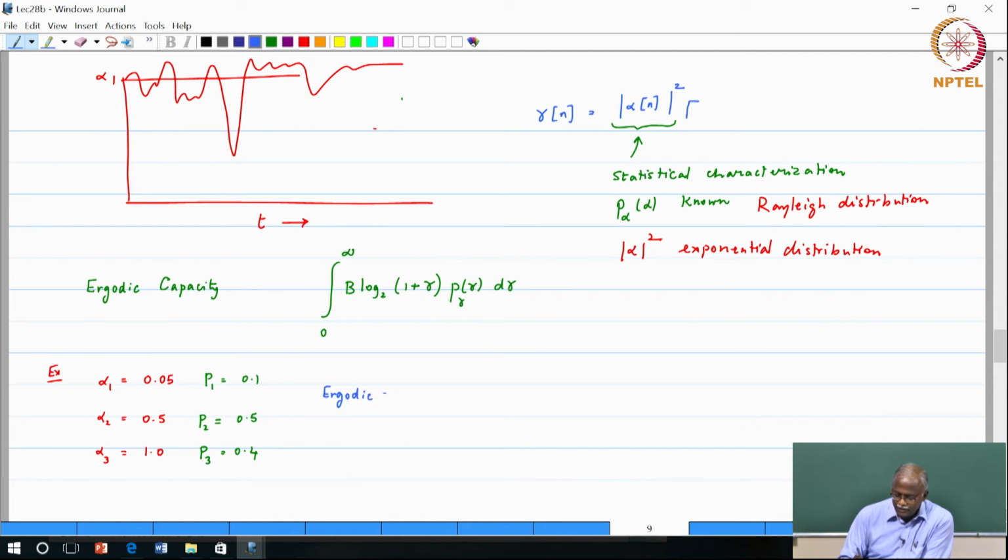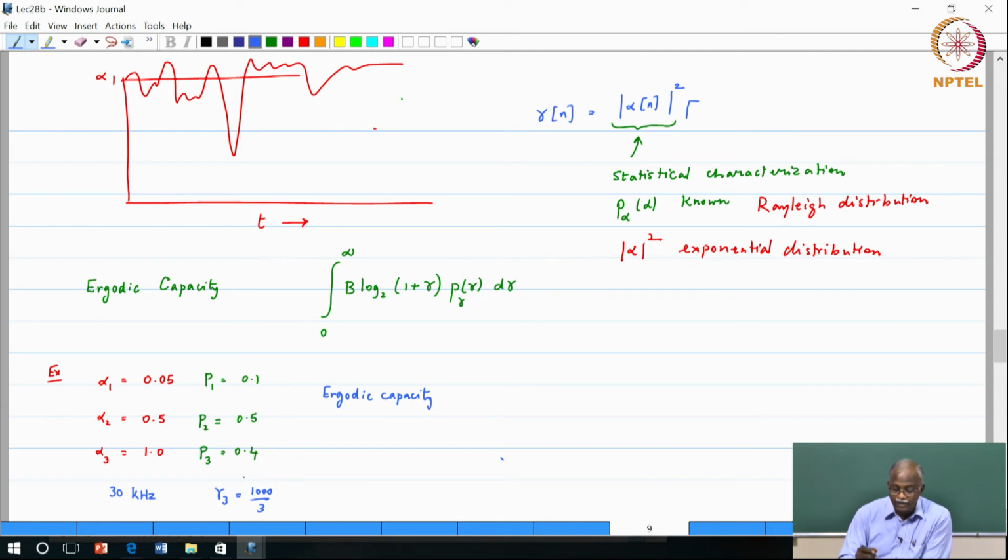Ergodic capacity is important for us to verify and ascertain. Take the bandwidth as 30 kilohertz, and for the nominal SNR, if you look at the previous case, let us assume that gamma 3 is 1000 by 3.